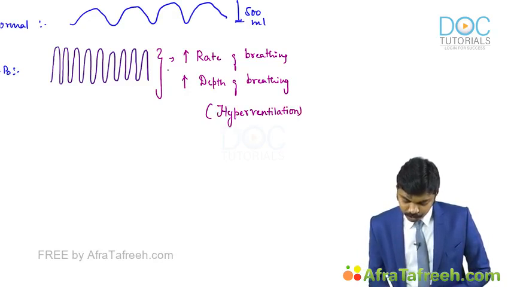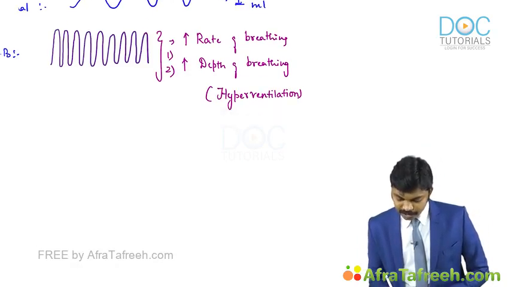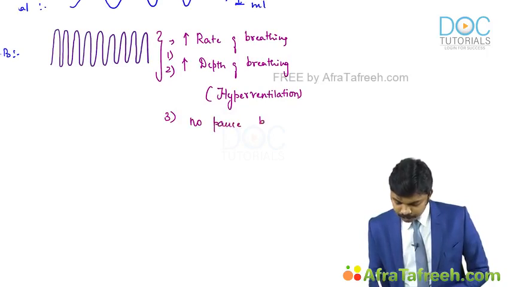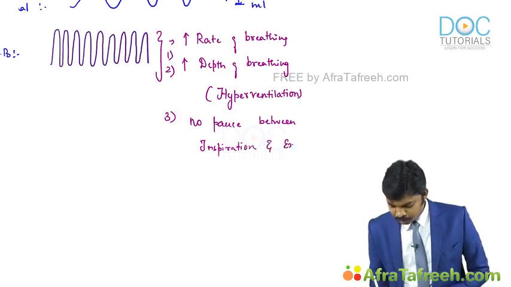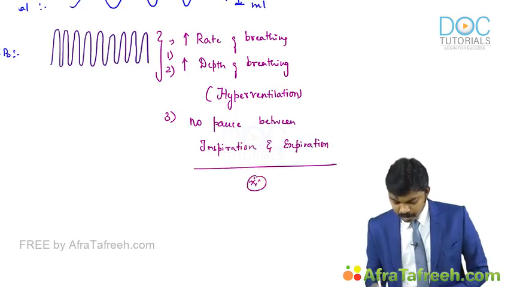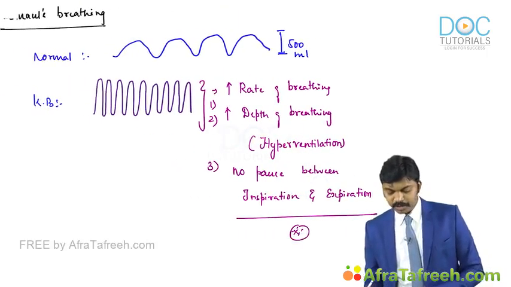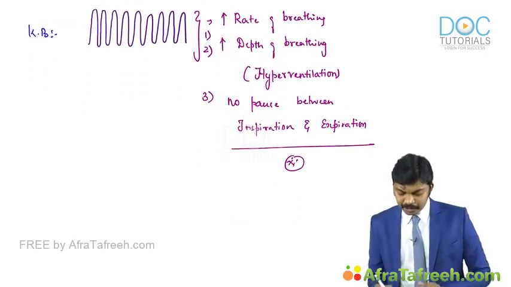So, points number 1 and 2, increased rate as well as increased depth. Point number 3, there is no pause between inspiration and expiration, doctors. Right? So, this is Kussmaul's breathing. And where is Kussmaul's breathing manifested?